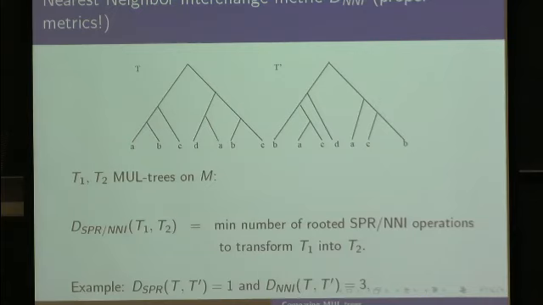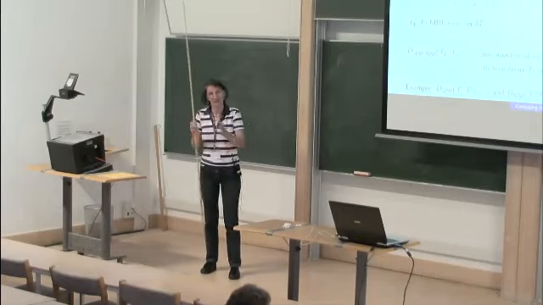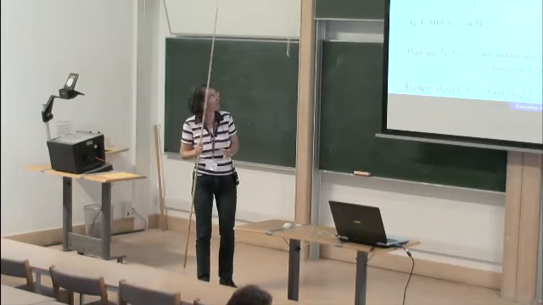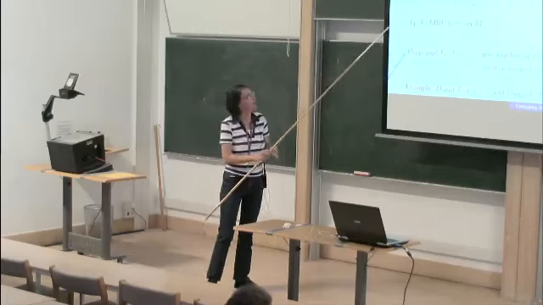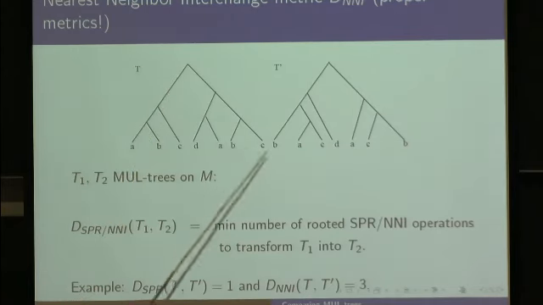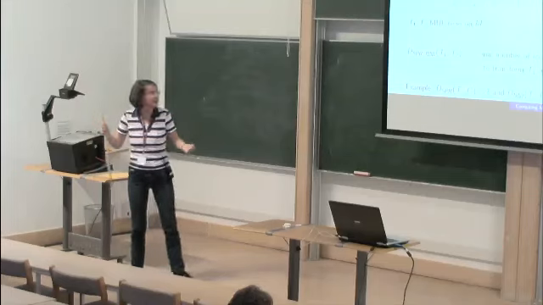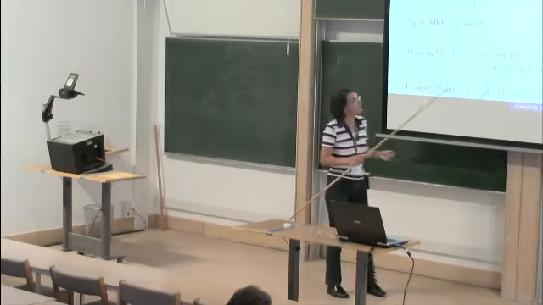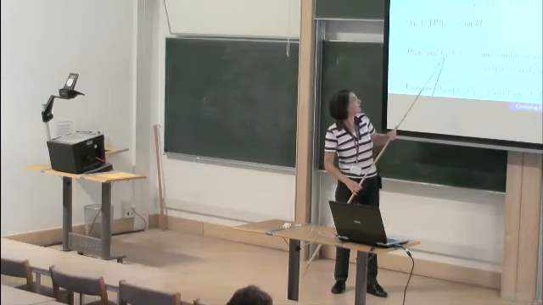Now, another distance one could think of in terms of comparing trees is the rooted subtree prune and regraft distance, which Maria Bonnet already talked about, in some sense, earlier today. So what you do here is you just apply rooted SPR moves to transform this tree into that tree, and the minimum number of these rooted SPR moves to transform my T1 into my T2 would be my distance.